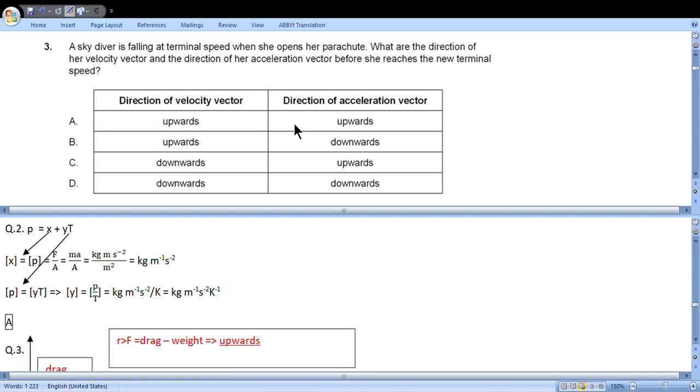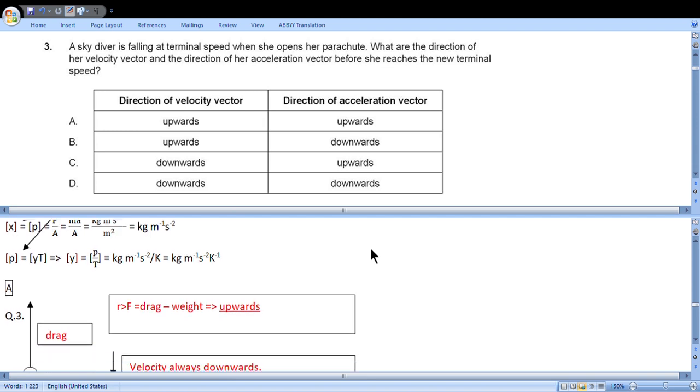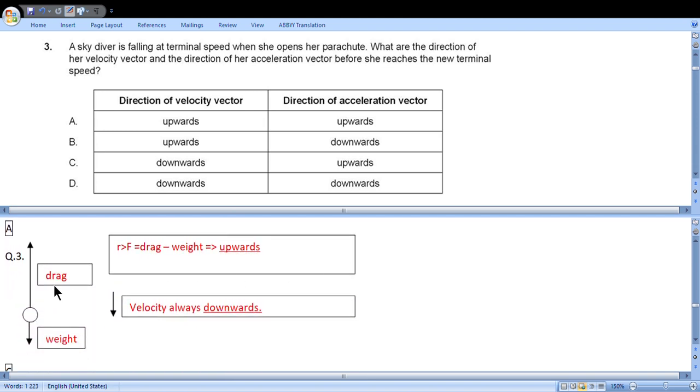Next question. Question 3. A skydiver is falling at terminal speed when she opens her parachute. What are the direction of the velocity vector and direction of her acceleration vector before she reaches the new terminal speed? When she opens the parachute, drag force increases dramatically, becomes greater than weight.